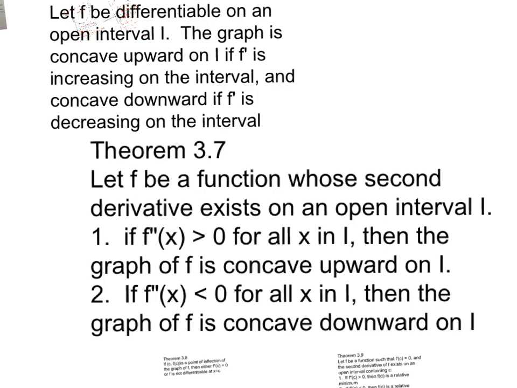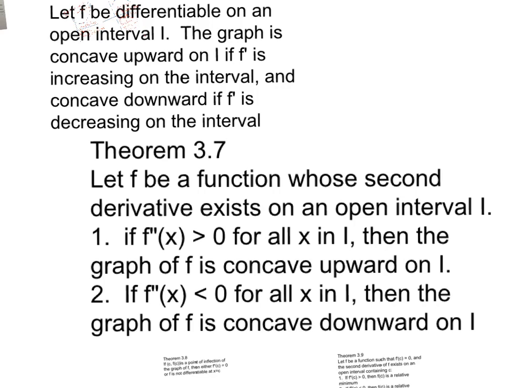It might not exist at a point, but it exists somewhere on the interval. What other kind of function would not have a second derivative? You said a constant function. What about a linear function? Would it have a second derivative? No. So a constant function and a linear function would not have a second derivative.